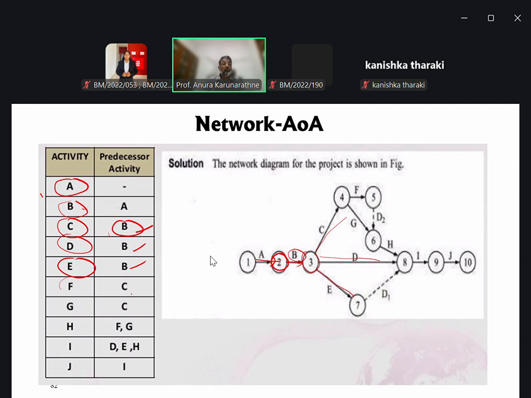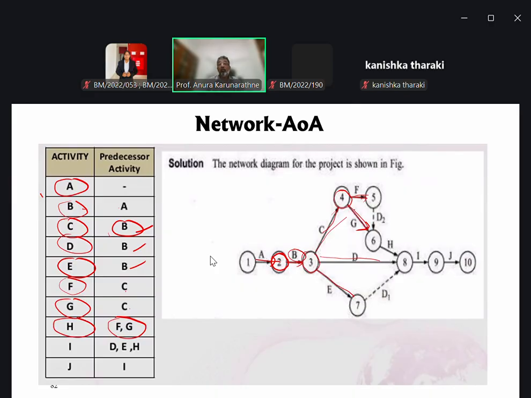Then F and G after completing C. After completing C, that is C, right? Then F and G. Then after completing F and G, we can go for H. F here, G here.